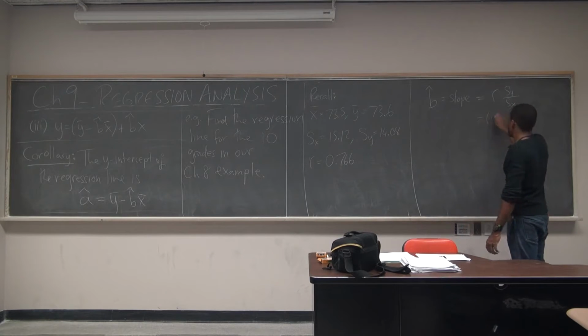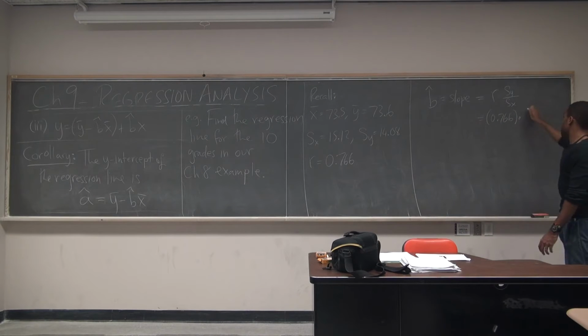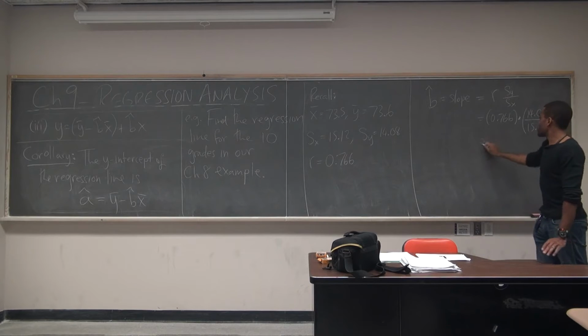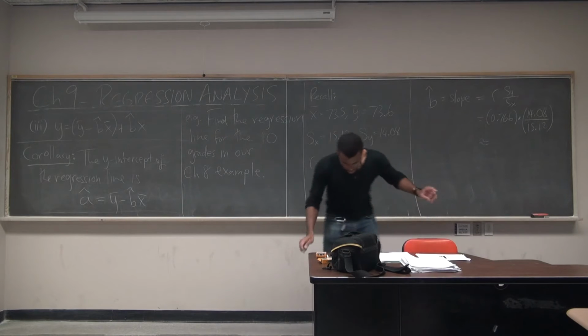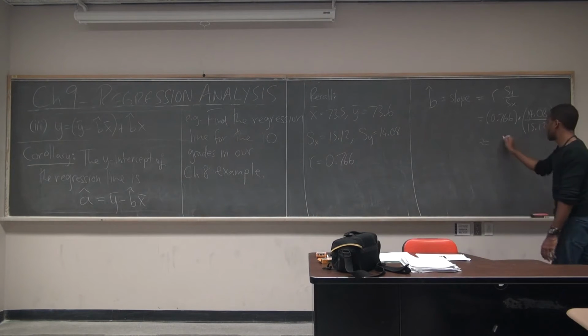Our r value is 0.766. Our standard deviation with respect to y is 14.08. Standard deviation with respect to x is 15.12. When I put that in my calculator, I got 0.713 approximately.